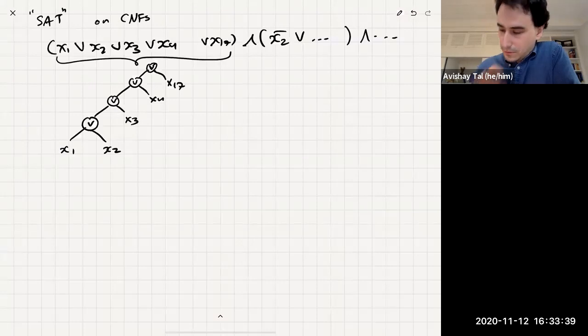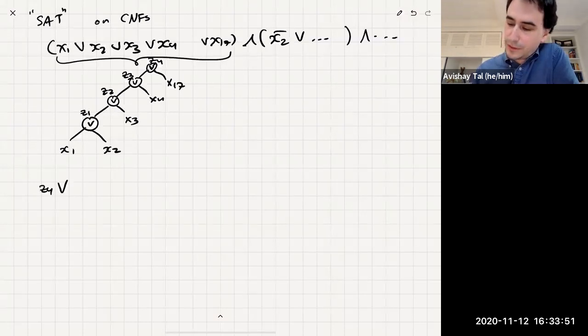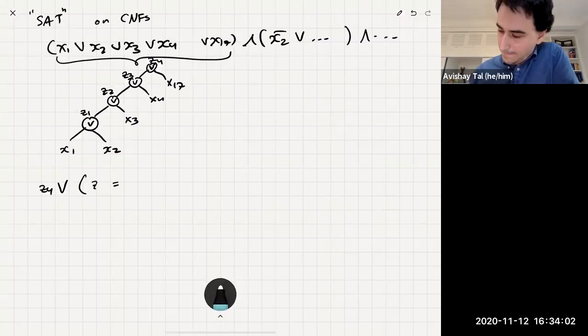So if you introduce now variables for each of these intermediate gates, then you'll see that you have this expression. So you need Z4 to be true. You want Z4 to be equal to X17 or Z3, right? So on and so forth.